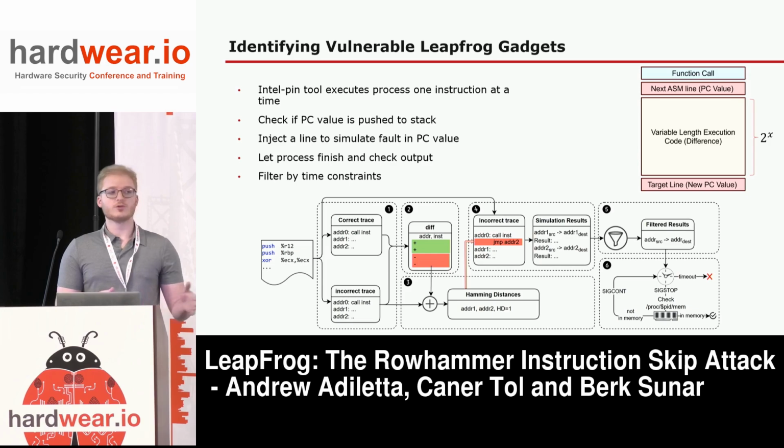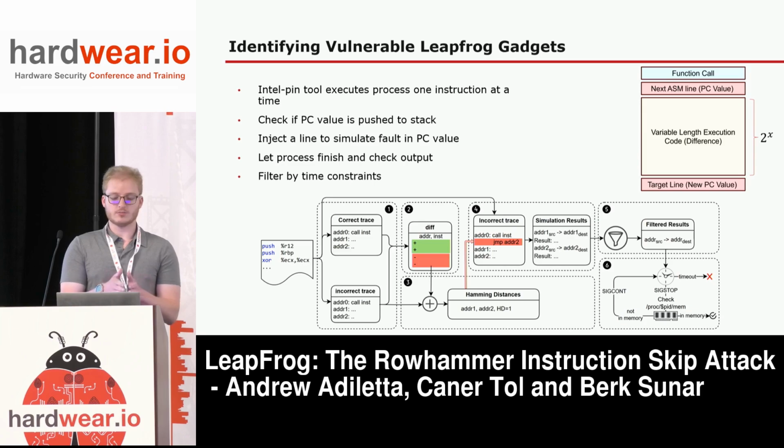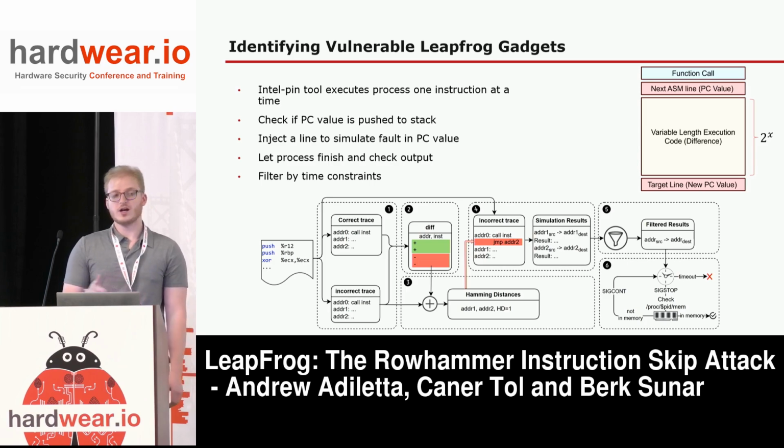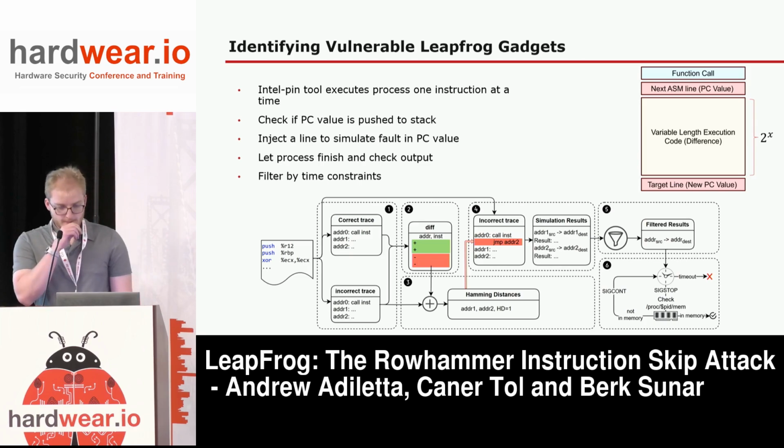We'll start our program, launching sudo, and after some amount of time, n, we'll stop the program with SIGSTOP and check the memory space to see if the program counter we're attacking is actually located there. This time sweeping profiling helps us determine how long we need to wait before we stop a program, or before we launch our Rowhammer attack to hit that program counter and get the program to jump to the location we're targeting.